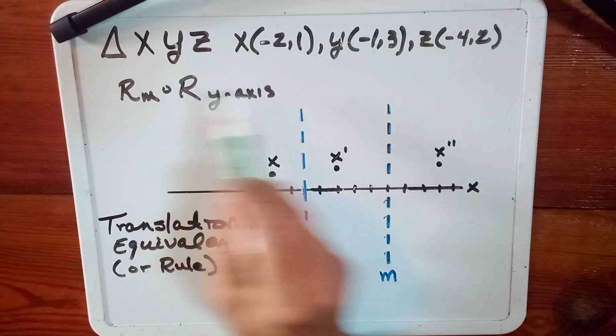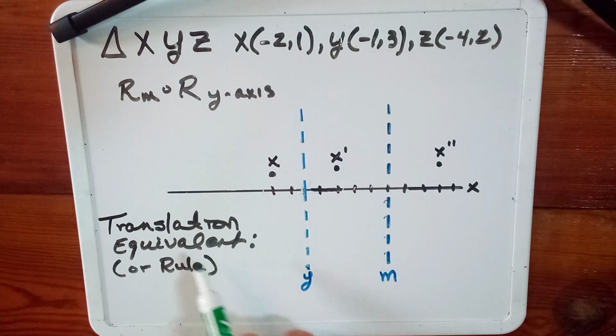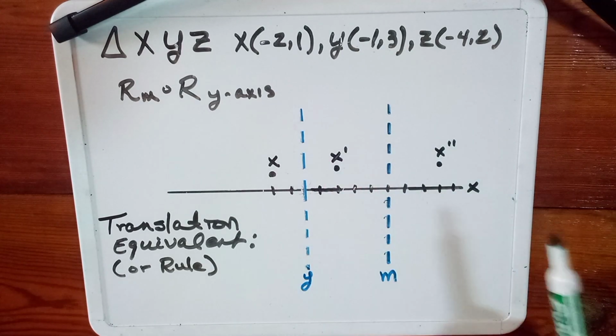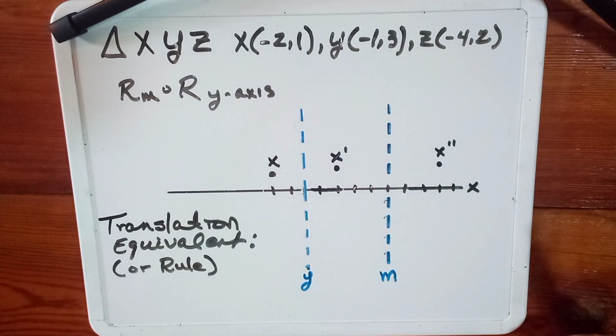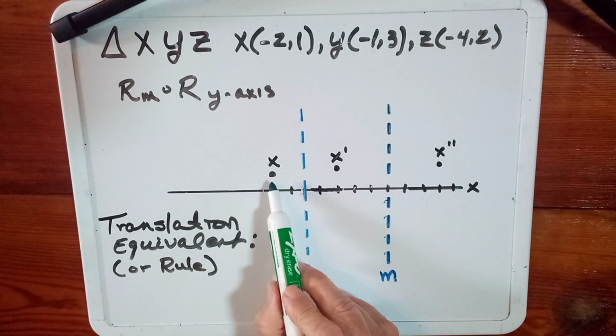Why reflect all 3 of these points when I'm only trying to come up with the translation rule? So I'm just going to pick a point. I could have picked any of these; they're all really about the same. X is negative, Y is positive, so it doesn't really matter. At any rate, I drew in point X, which is (-2, 1).